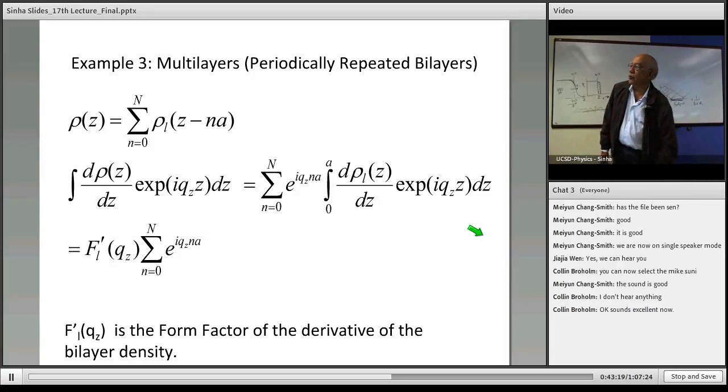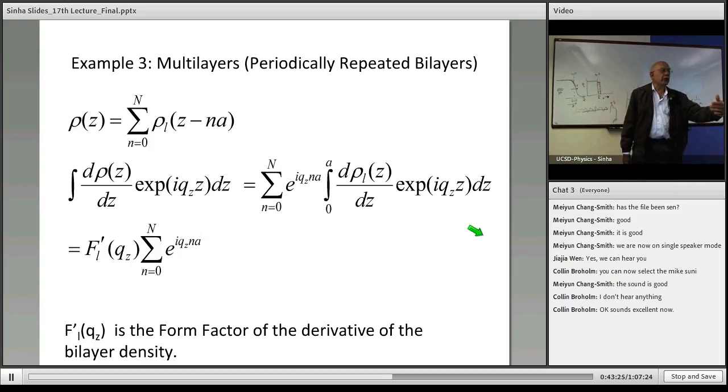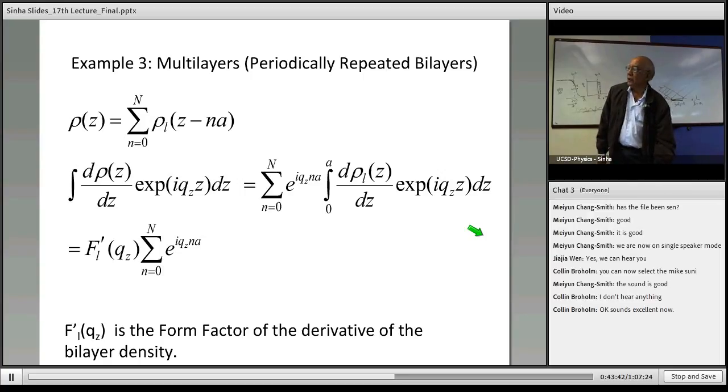So if you sum this from n equals 0 to N, you've got the expression for a periodically repeated set of bilayers, each bilayer having this profile. And this can be taken to be relative to the center of that bilayer. So you have rho of z minus a, z minus 2a, z minus 3a, and so on.